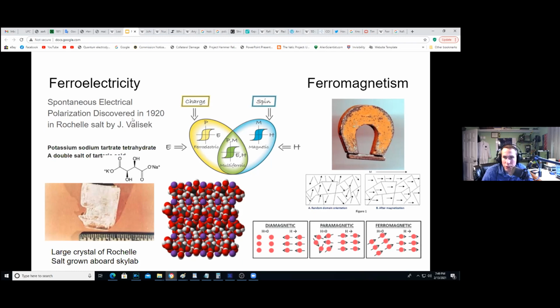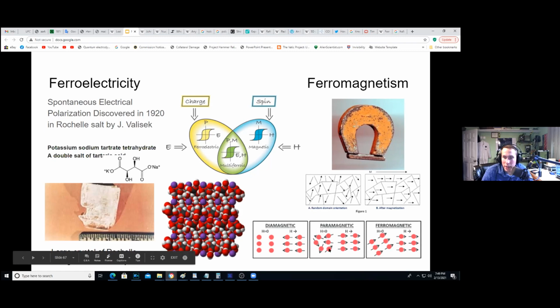The ferroelectric materials led eventually to the discovery of nonlinear optical materials, these multiferroics like barium titanate, which we'll get into in a second. Ferromagnetism, of course, is just a magnet. Natural iron is ferromagnetic. That means it's like a permanent magnet, just naturally.